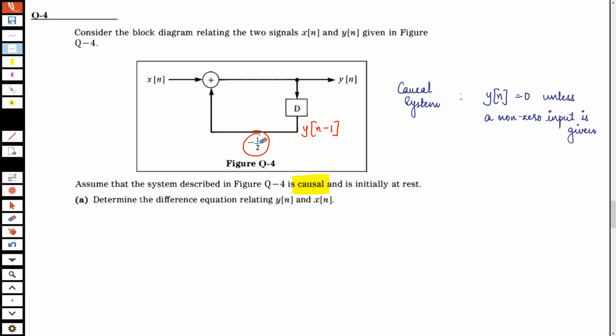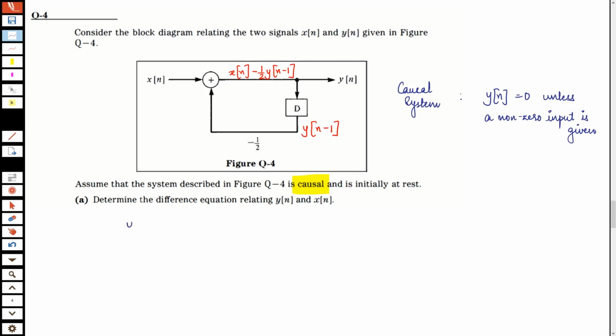And this shows that we are multiplying this y[n-1] with a scalar minus half. And that is what is getting added here, right? So the output here is what? It is x[n] minus half y[n-1]. This is what is coming here, and this is actually what is y[n].